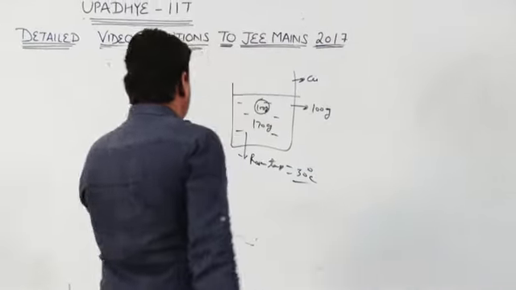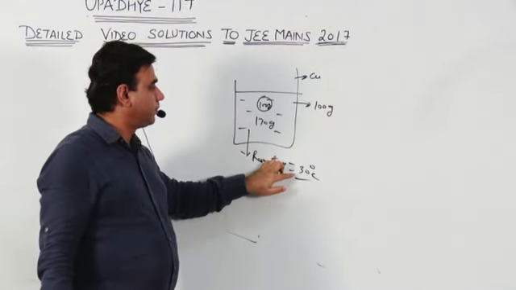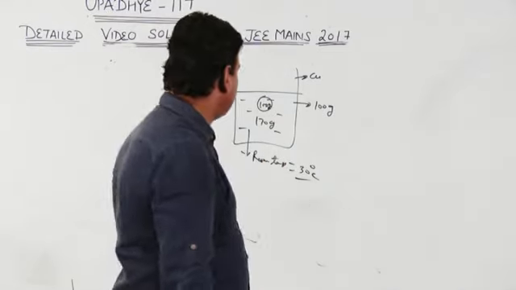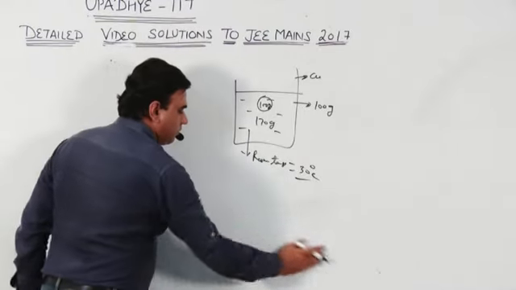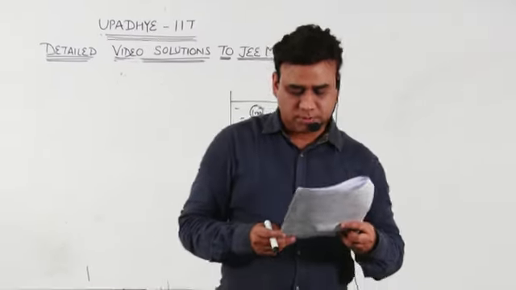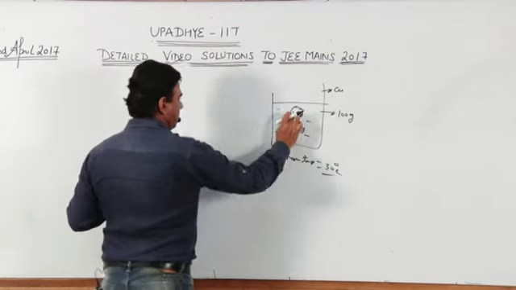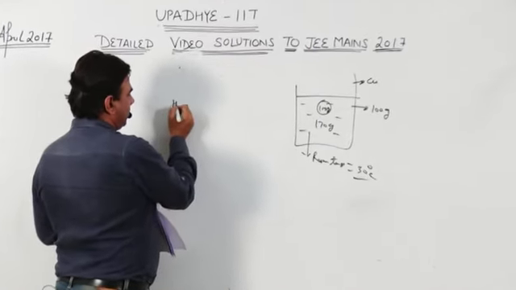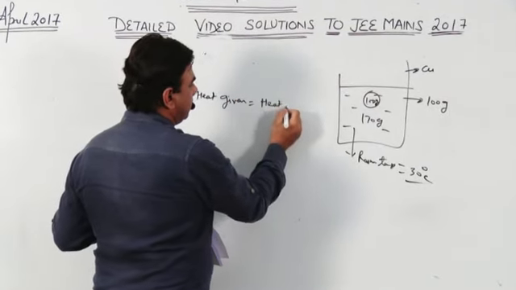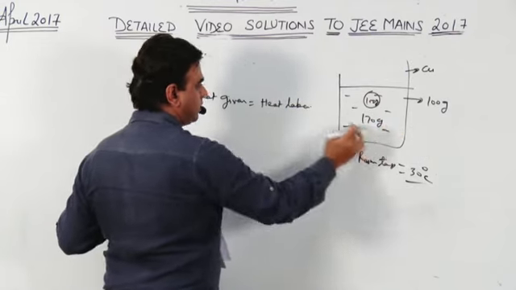That means the temperature of this copper ball was more than 30 degrees C, and the complete equilibrium temperature is 75 degrees C. It is based on conservation of energy and the principle of calorimetry: heat given equals heat taken. Heat given by this 100 gram copper ball equals heat taken by the water as well as this calorimeter beaker.